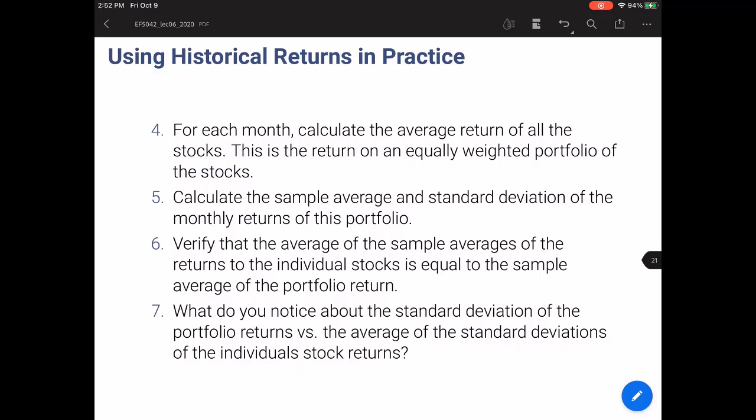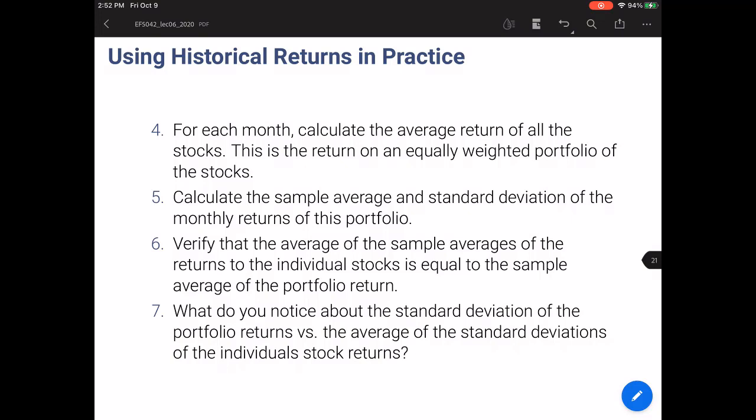Number 5 tells you to calculate the sample average and standard deviation of this naive equally weighted portfolio. And then 6 tells you to verify that the average of the sample returns of the individual stocks is equal to the average of the portfolio return.